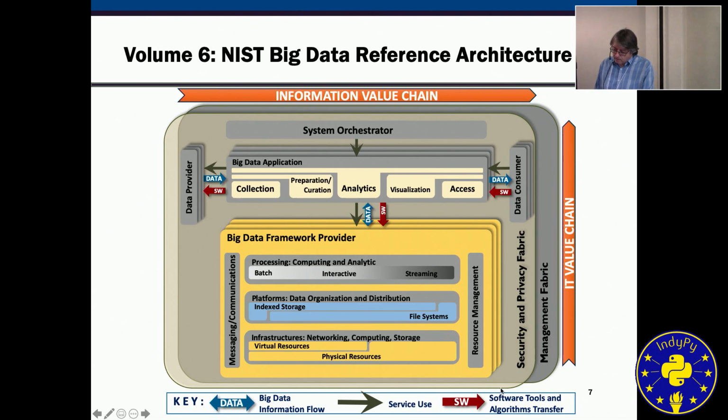So we have on the bottom, for example, the big data framework provider that may be providing a batch queue, an interactive queue, or a streaming queue. We have platforms such as, for example, index storage or file systems. And then we have on the lowest level the infrastructure services. That's where I'm traditionally coming from, where we have virtual resources and physical resources.